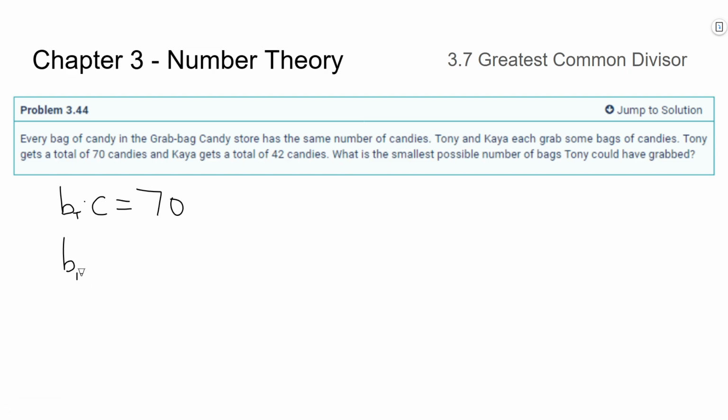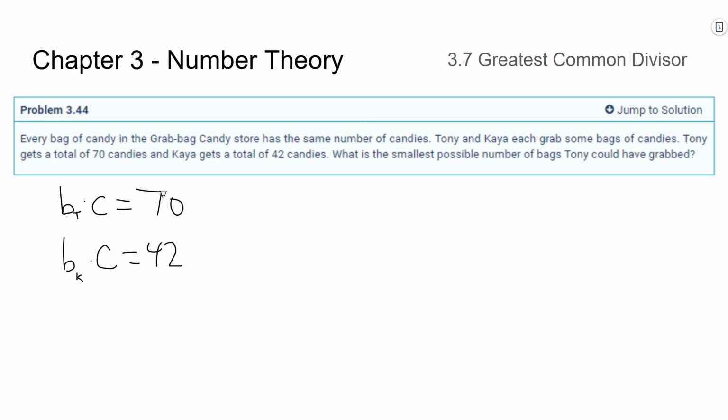Kaya. Bags for Kaya times C is going to equal 42. And we know that C is going to be the same for each of these. Okay, so let's go find out what the divisors of 70 are.